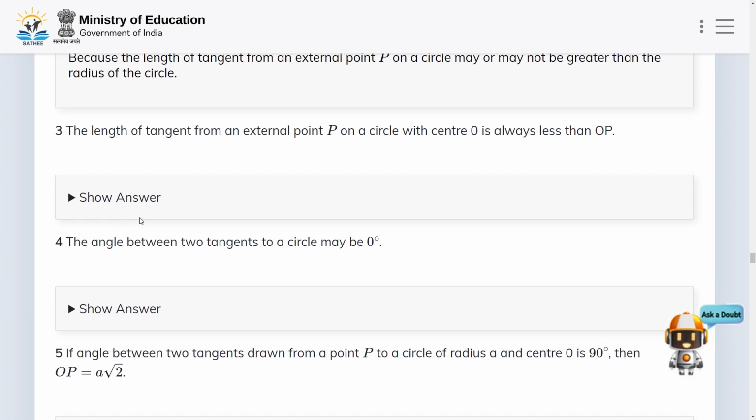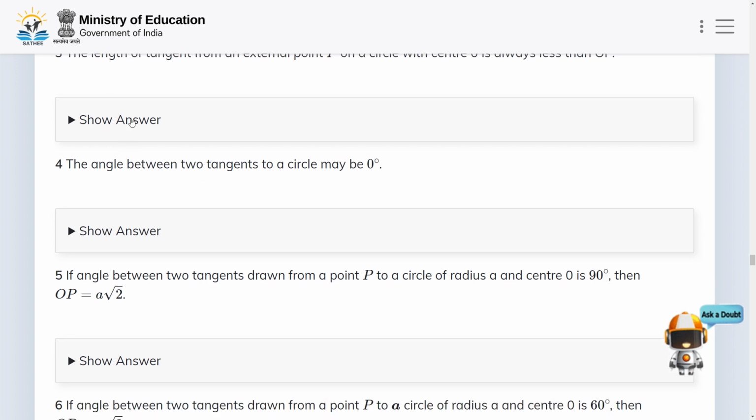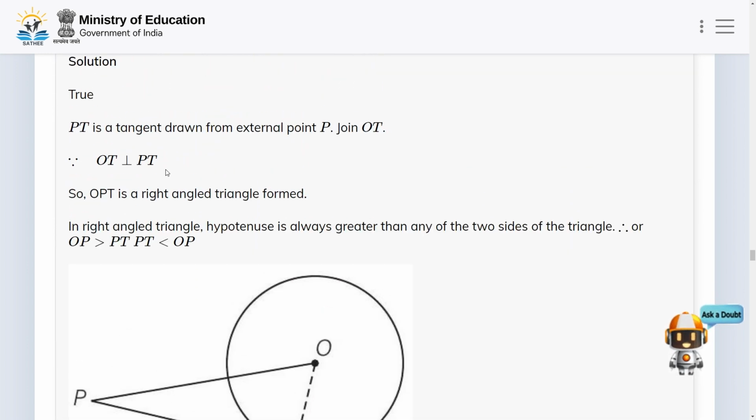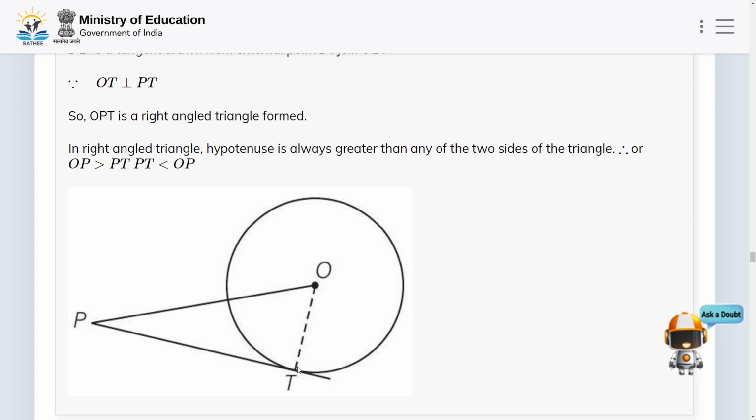In the next problem, we have: the length of tangents from an external point P on a circle with center O is always less than OP. Let us check. Here PT is the tangent drawn from external point P, and join OT. OT is perpendicular to PT, so OPT is a right angle triangle.